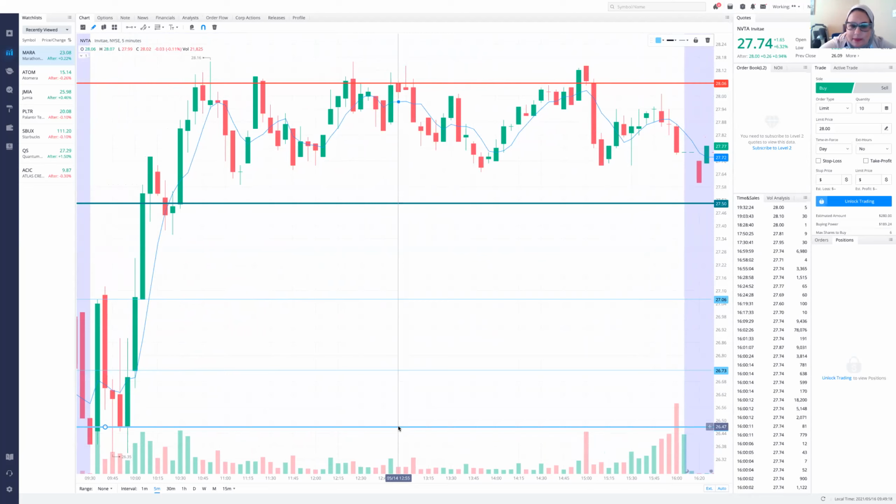Yes, there is a potential that it would never fill, but if it does fill, you're getting a good price. And there is a chance that I set 27.50, and if there is stronger support below it, it goes down. That's also a risk when you don't pick strong enough support levels.